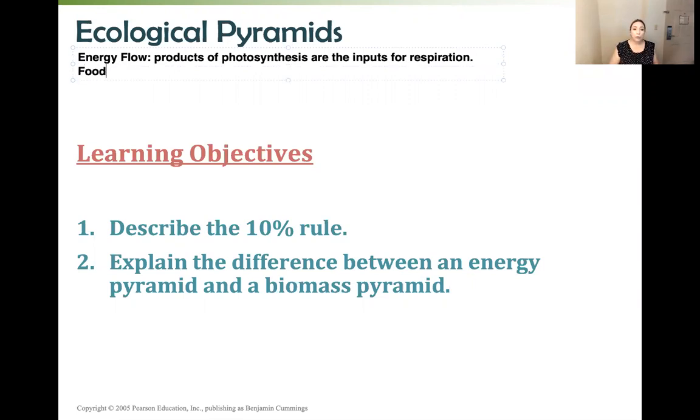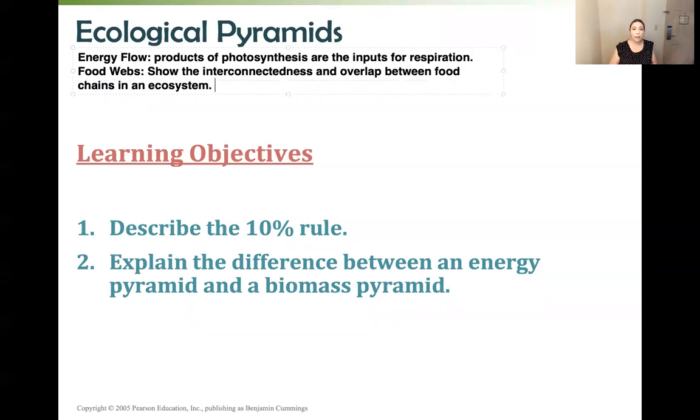Then you learned about food webs. So food webs show the interconnectedness and overlap between food chains in an ecosystem. Now remember, you need to know all the terms that go along with food webs.